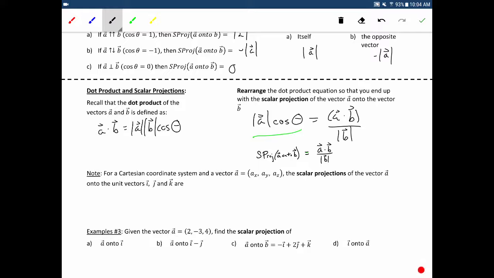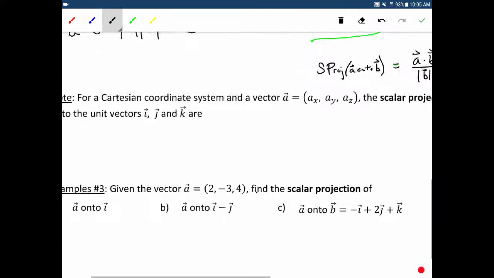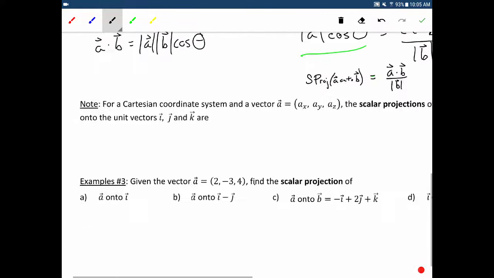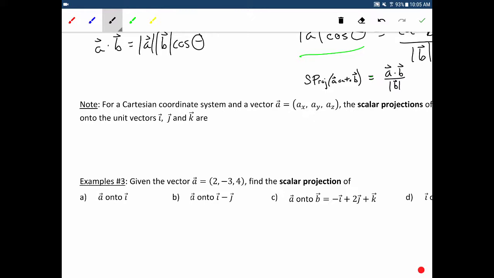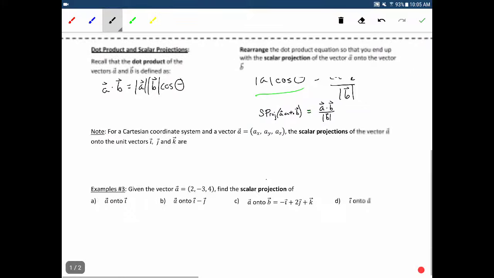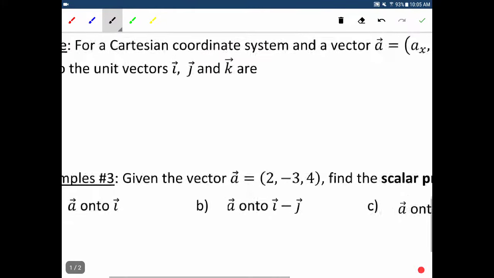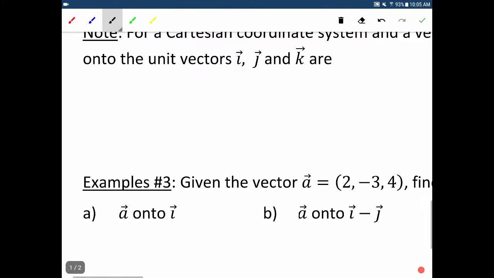So if we have a Cartesian coordinate system and a vector A, which is ax, ay, az, the scalar projections of that vector onto the unit vectors i, j, and k are just going to project its components.